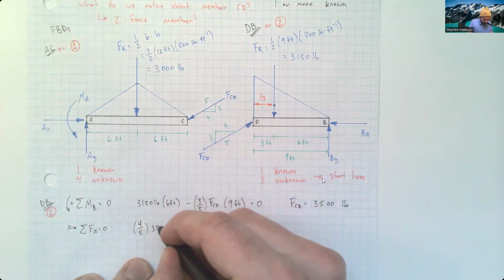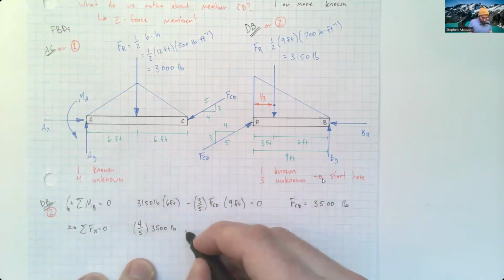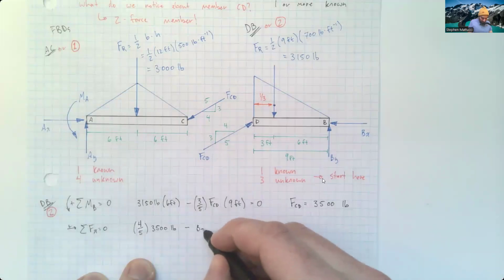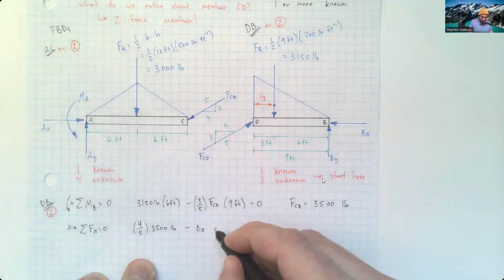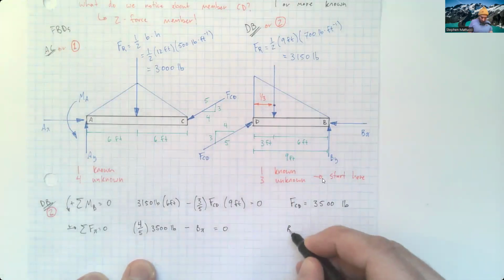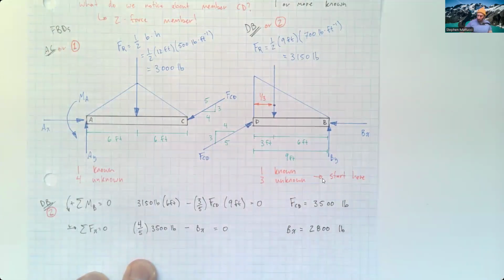So 4/5 times 3,500 pounds minus BX equals 0. BX is 2,800 pounds.